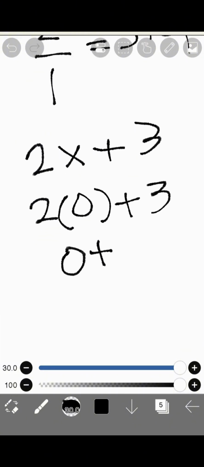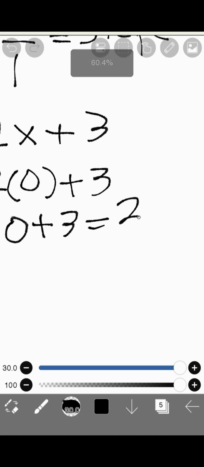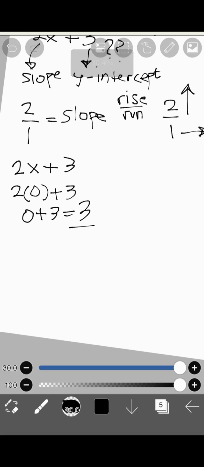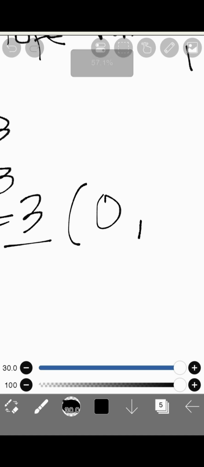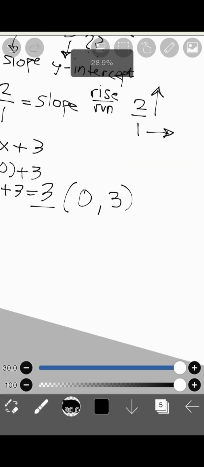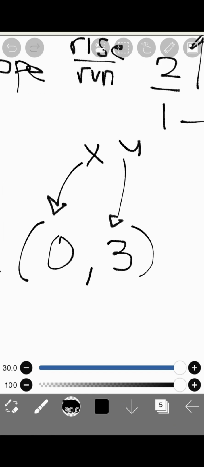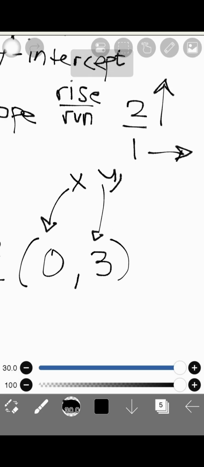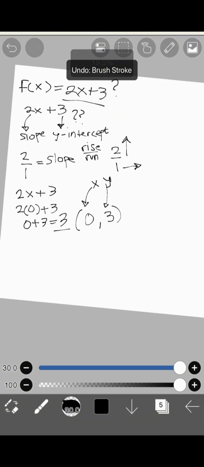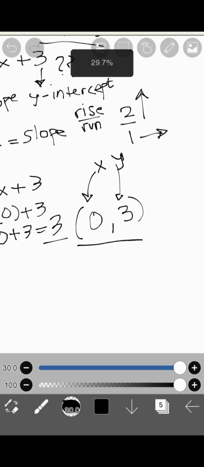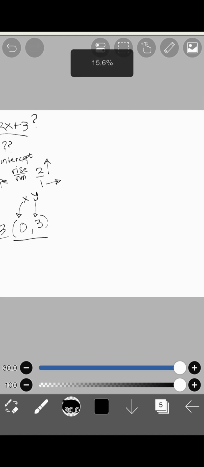We get 0 plus 3, which is just 3. Or we can simply say that at 0, y is 3. Since we said that the x is 0 and then this is our y. Okay, so now we have this. We know that this is the starting point. Now how can we graph?